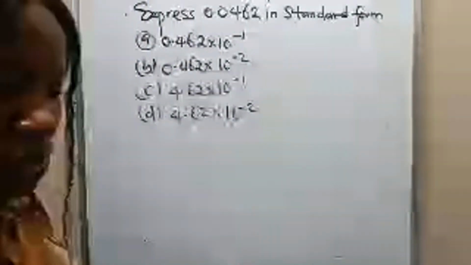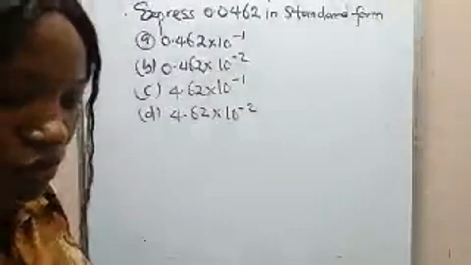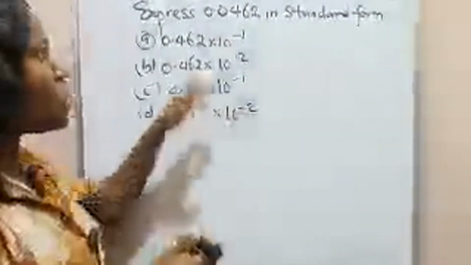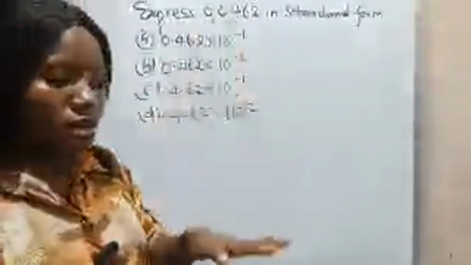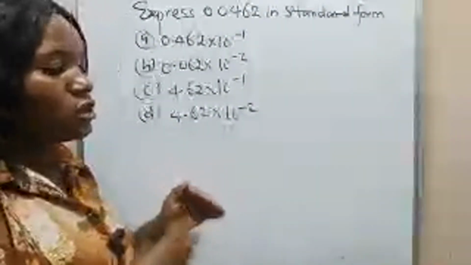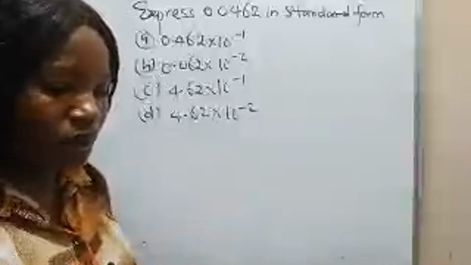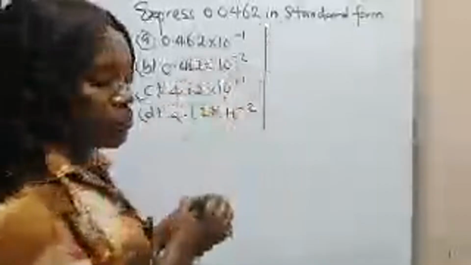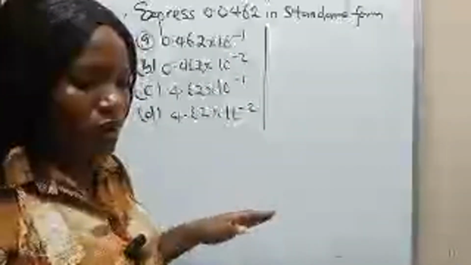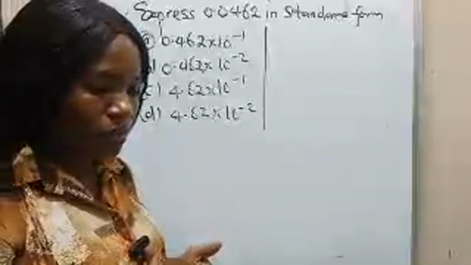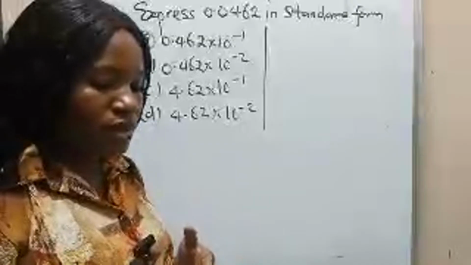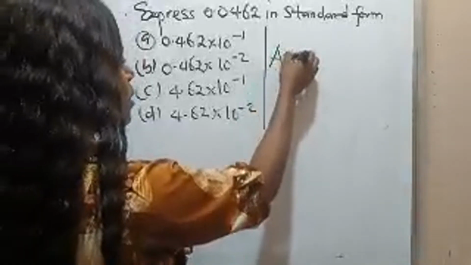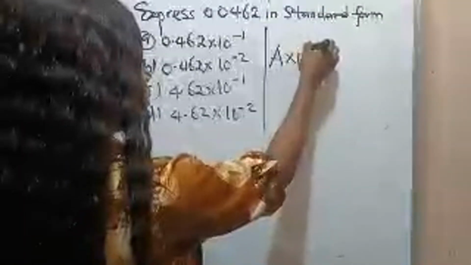So the first thing we need to do here is to solve this, okay? When you want to express a number in standard form, always remember the rule that you are supposed to apply. For a number to be in standard form, it has to obey this rule: A times 10 to the power of n.